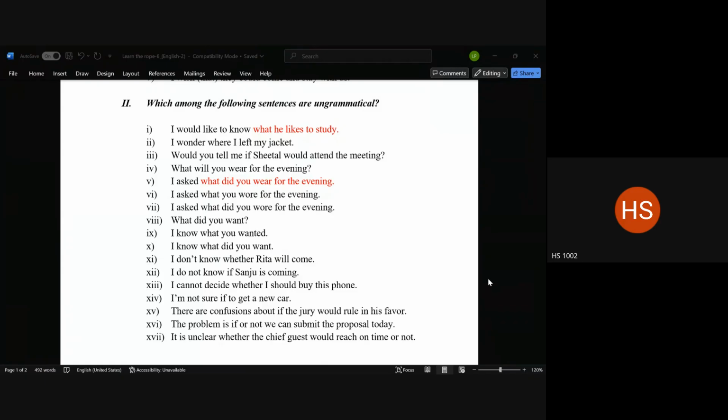Sakshi, we are saying the verb in the question clause should not be separated from the tense. The tense should be on the verb itself. So when you're saying "what did you", again you are separating the tense out from wear. So that would be wrong. You'll have to say, "I asked what you wore for the evening." The word that is unnecessary there.